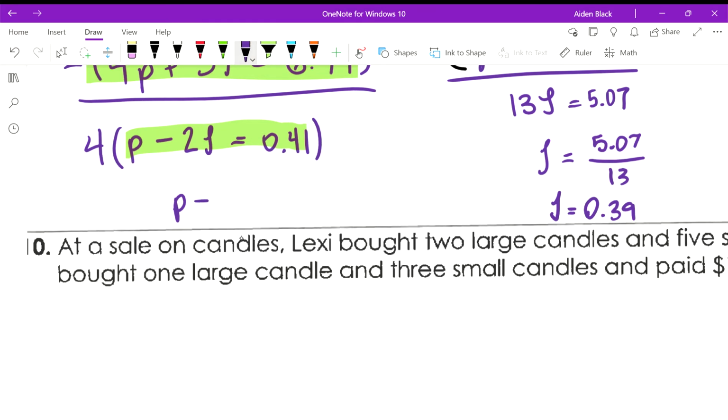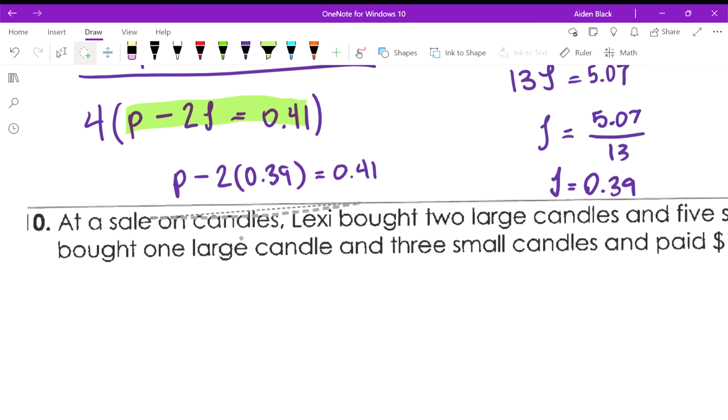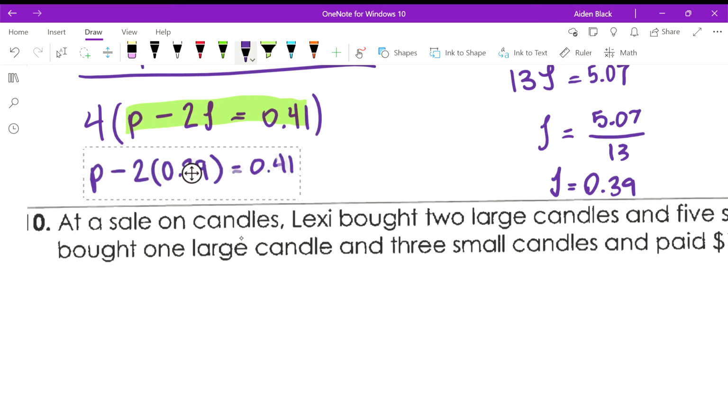Pencil minus 2 times 0.39 equals 41 cents. And then if I multiply 0.39 by 2, I get 78 cents.